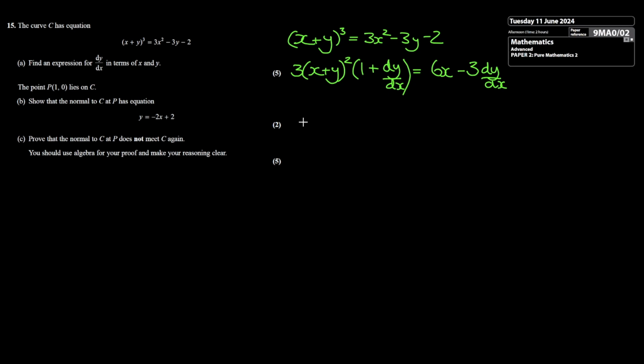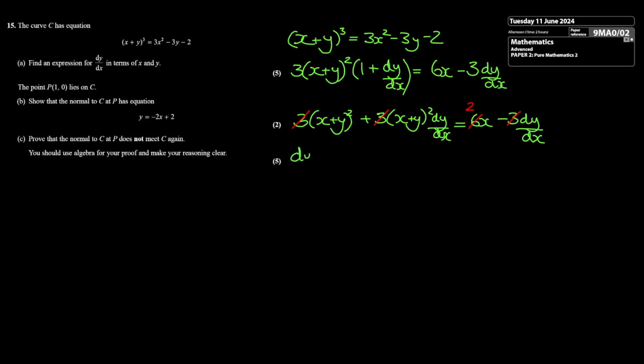So multiplying this bracket out, I get 3(x plus y) squared plus 3(x plus y) squared dy/dx is equal to 6x minus 3 dy/dx. So I can lose a factor of 3 throughout. So now I'm going to gather up all the terms with dy/dx.